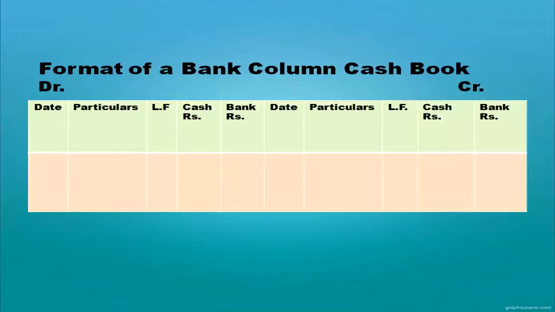Here is a format. Just like a simple cash book, one more column is added for the amount, that is the bank column. Date, particulars, ledger folio, cash amount column and bank amount column on both sides, on the debit side and on the credit side.